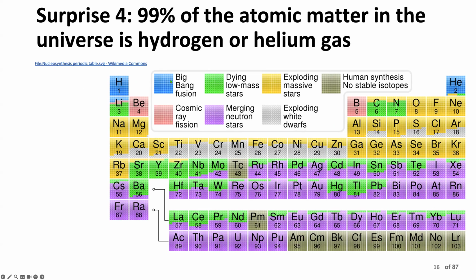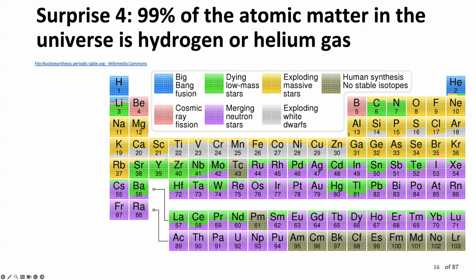We now know that 99% of all the matter in the universe is captured in the form of hydrogen and helium. And the way this is laid out, anything that was produced in the Big Bang is this blue color, and then the rest are almost all related to the behavior of stars, elements created in stars.